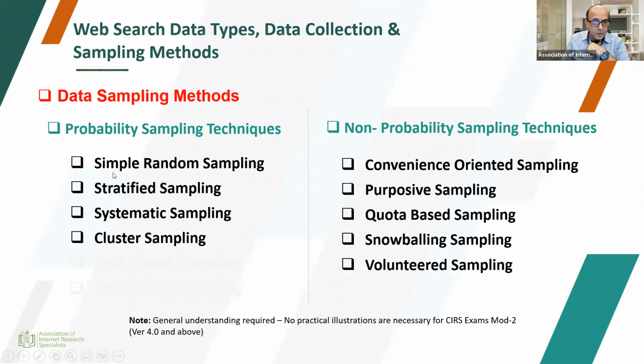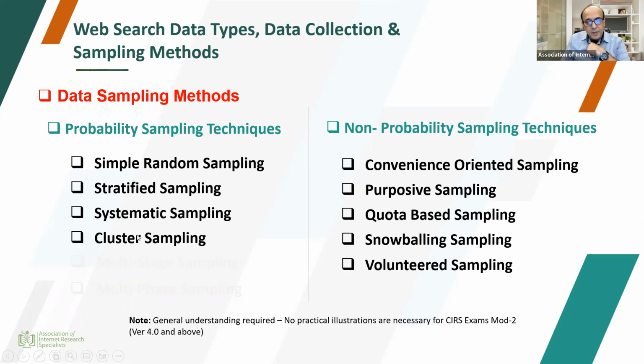I just want you to know that there are two types, probability and non-probability, and within them there are methods. We call them sampling methods: simple random sampling, stratified sampling, systematic sampling, cluster sampling, and there could be multi-tiered sampling and maybe seven more. I'm just letting you know that they exist.